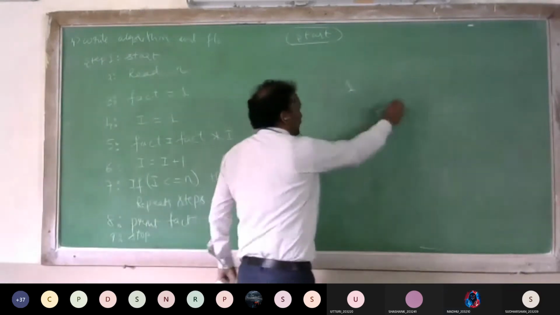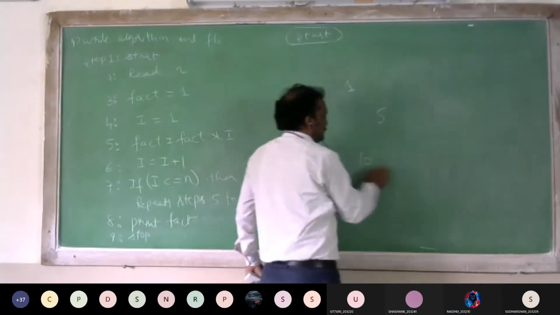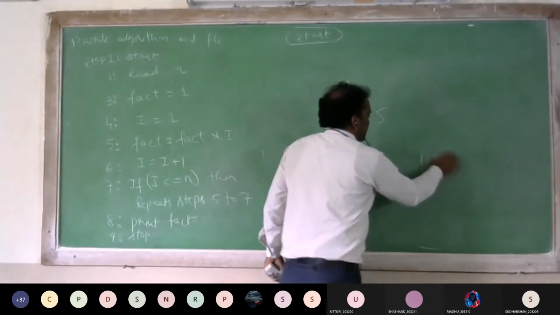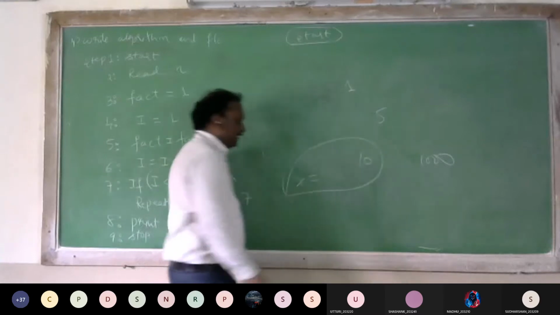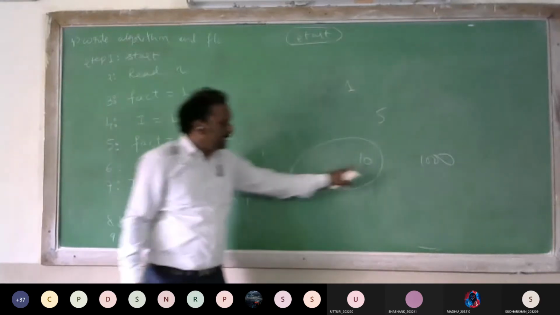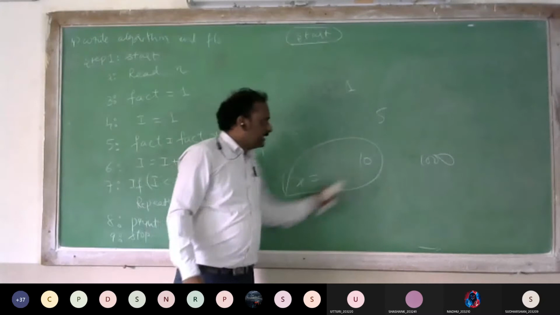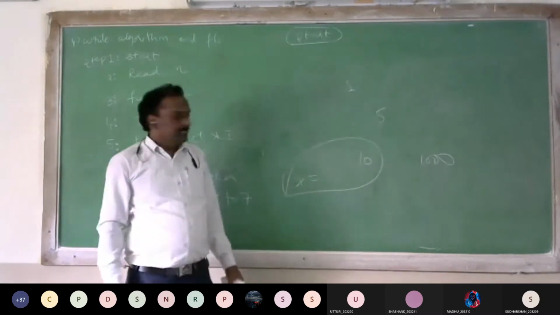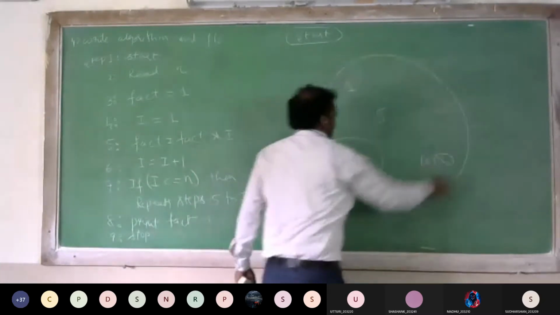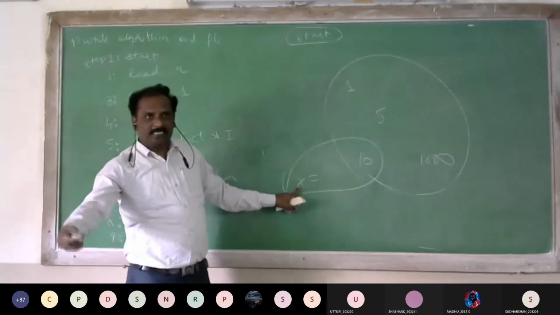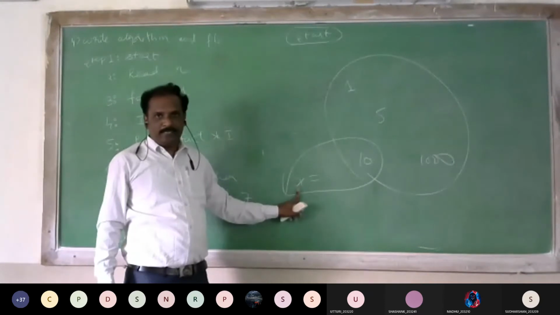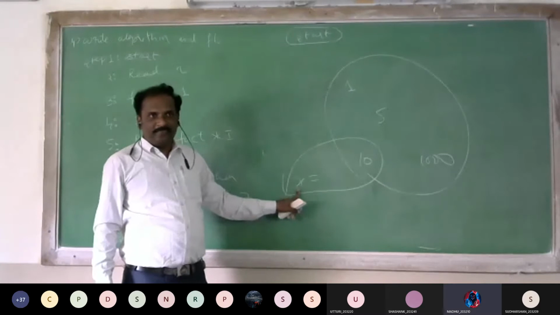Any number, 5 is constant, 10 is constant, like 1000. These are constants. This name is a variable. X is a variable. X can contain 10, X can contain 5, X can contain 1000. That we shall discuss when I am defining the definition of variable. Okay, sir.